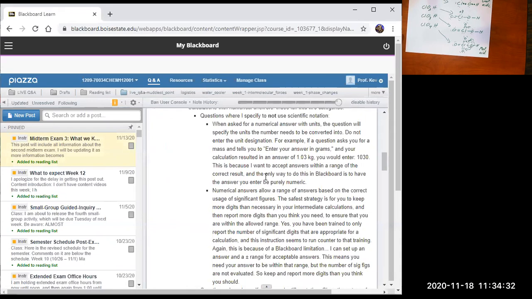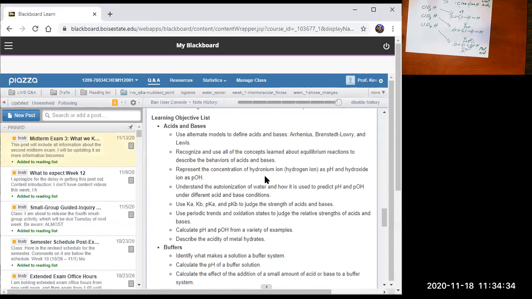So topic list. So there are the acid, base, and buffer topics.